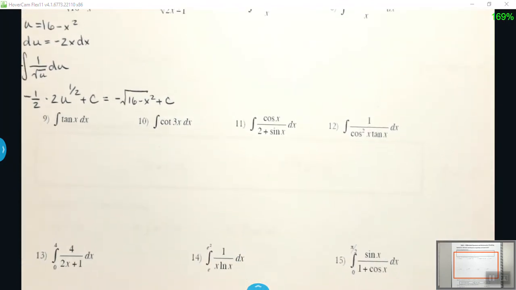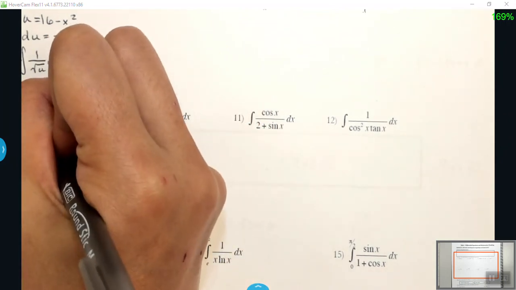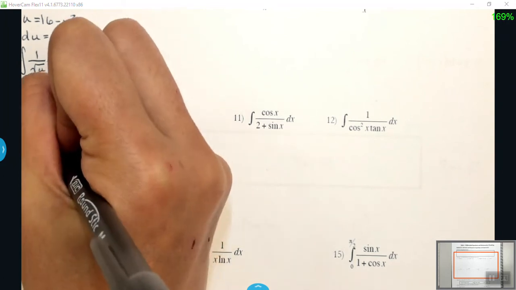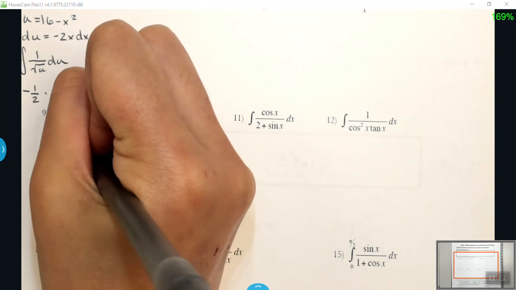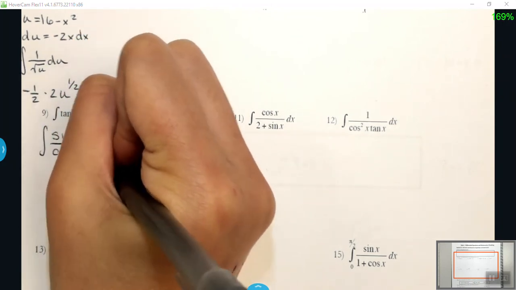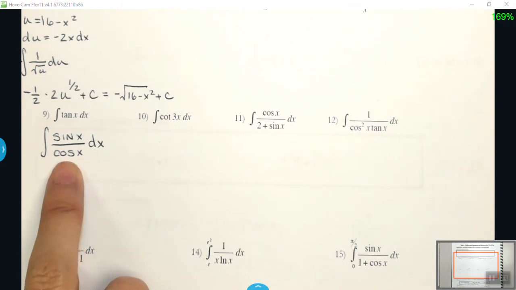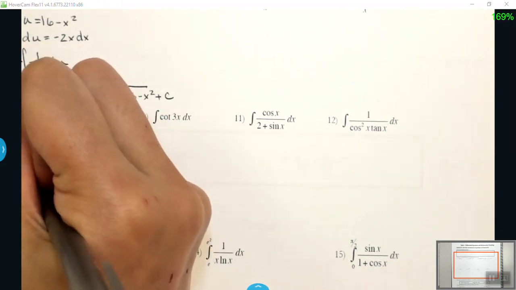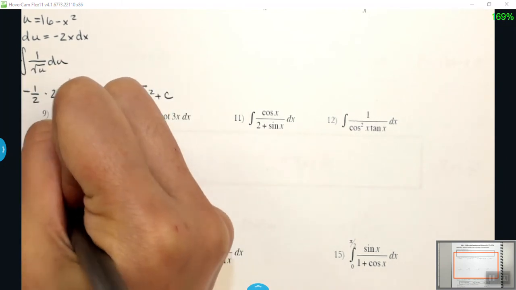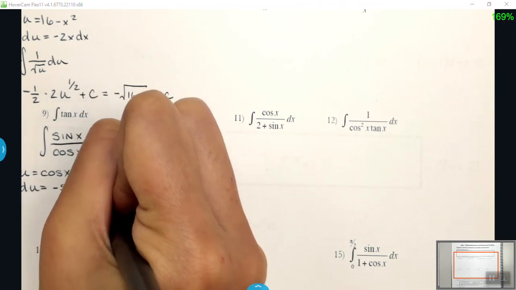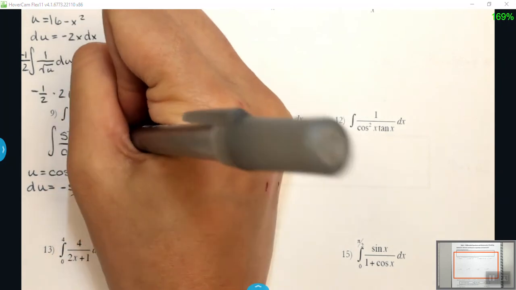All right. Let's do number 9 together. Integral of tangent: you don't know how to integrate tangent, so change tangent to sine over cosine. Now you will know how to integrate tangent. So we can make u cosine x. du is negative sine x, and that's going to cancel with this one.